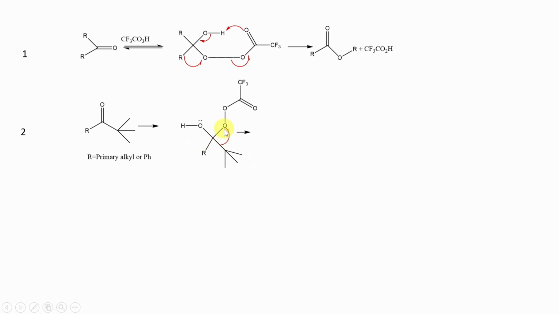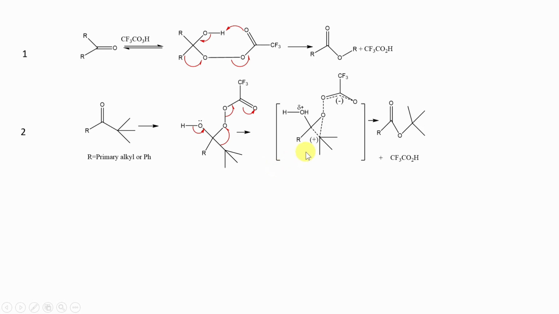Thereby, this bond gets broken to form a double bond between this carbon and oxygen, the pi electrons shift towards this oxygen, and this oxygen captures a proton from here. Thereby, this reaction takes place, forming the product through the transition state. This transition state is often named as Criegee's transition state.